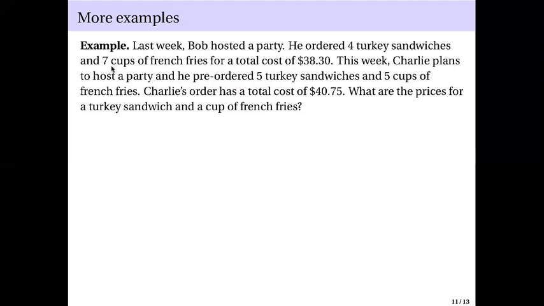This week, Charlie plans to host a party and he pre-ordered 5 turkey sandwiches and 5 cups of French fries. Charlie's order has a total cost of $40.75. What are the prices for a turkey sandwich and a cup of French fries?